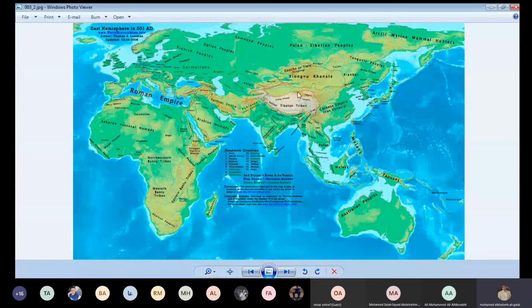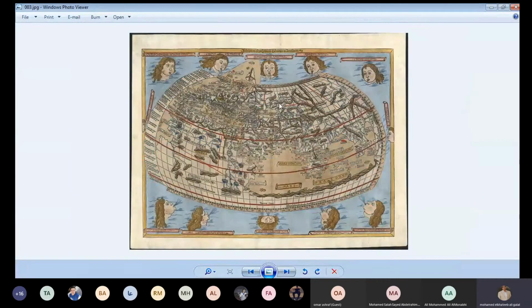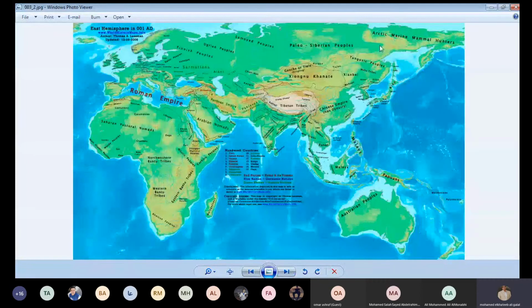So here is, if we enhance this map a little bit, kids, it's gonna be this way. Only 4 continents: Africa, Europe and Asia, and Australia. So regardless of the names written here, no problem, it's not our interest. Just to show you how the old world looked like.